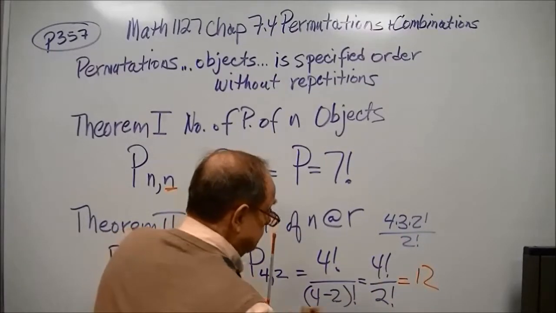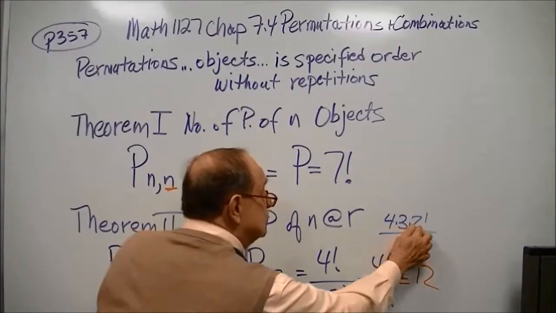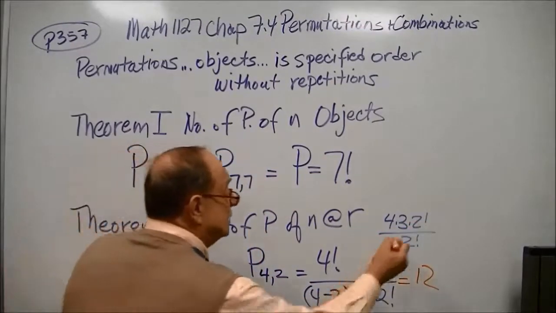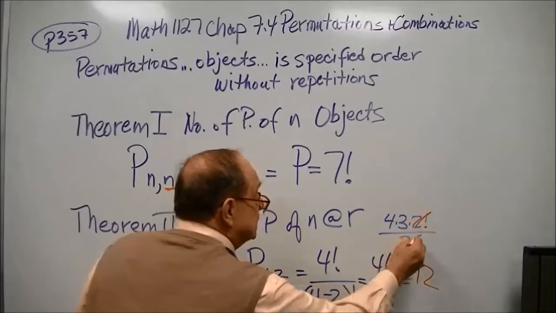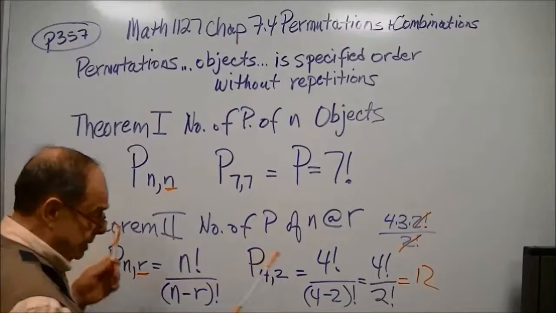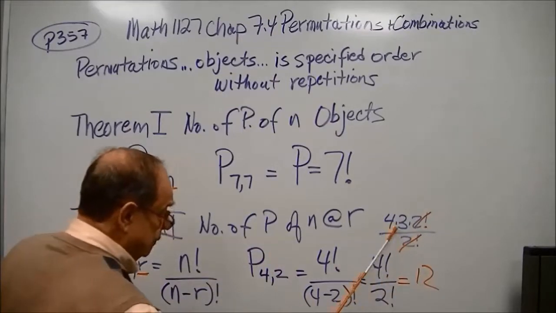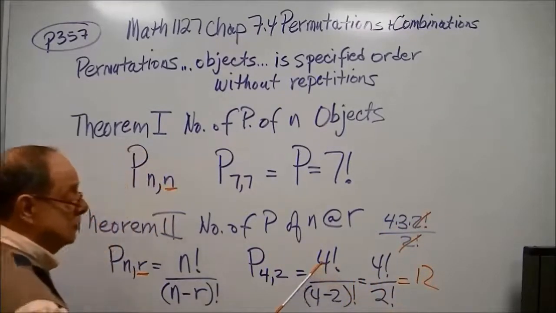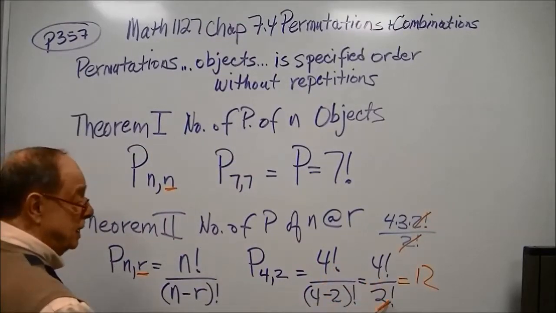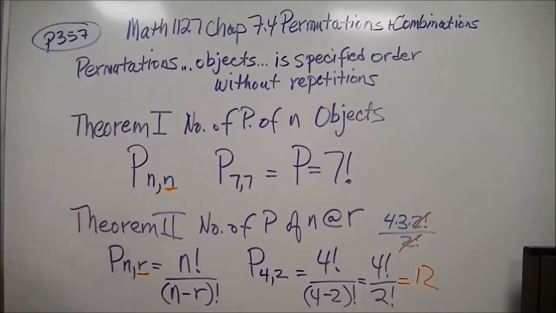Well, 4, 3, 2 factorial divided by 2 factorial. I did want that there, because these will then cancel out, as we were showing you before, and you end up with 4 times 3 is 12. Now again, if you put this in your calculator, either this way or that way, the answer is 12. So you want to practice using your calculator, because some of these get to be quite tedious as you go on.